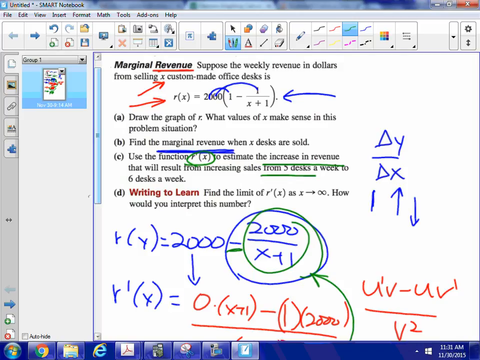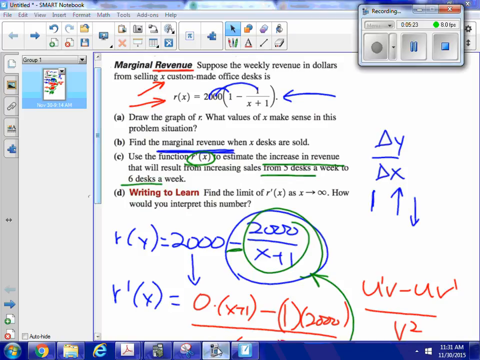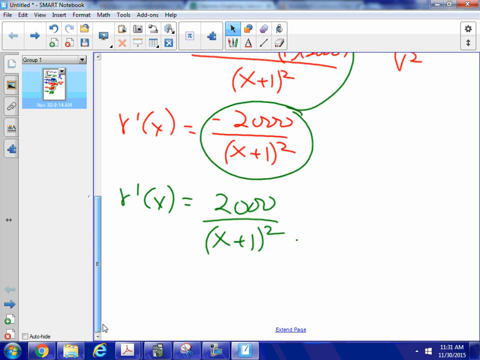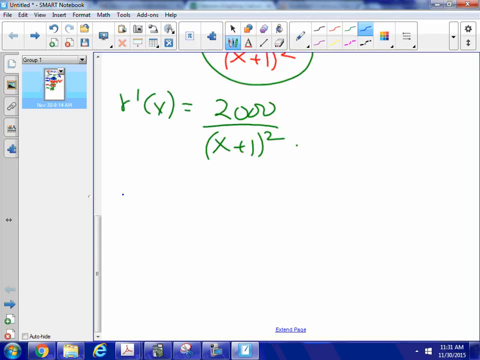So really what that is asking is, what is the marginal revenue at 5 desks per week? So when I make 5, I want to know when my next increment of x goes up, what's going to be my revenue? So I'm going to go r prime of 5 is equal to 2,000 over 5 plus 1 squared.